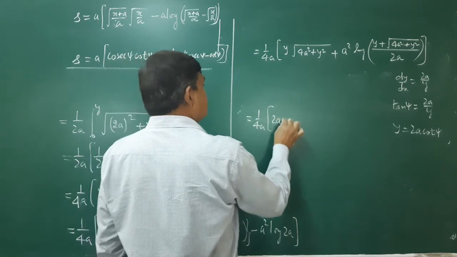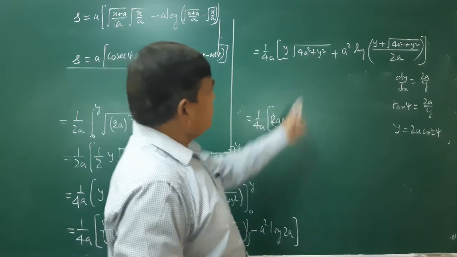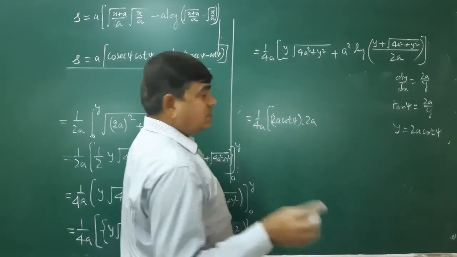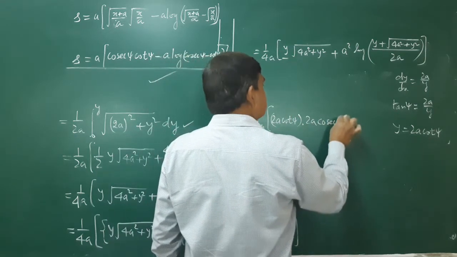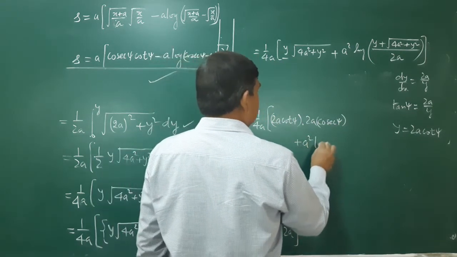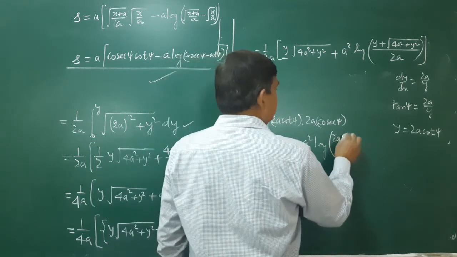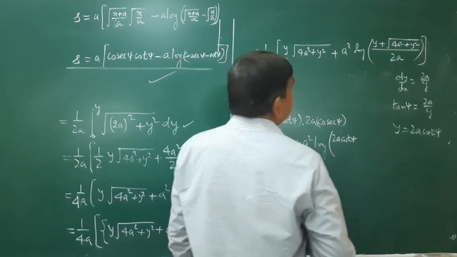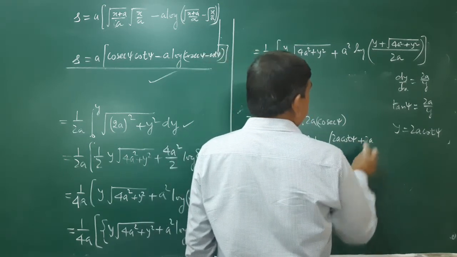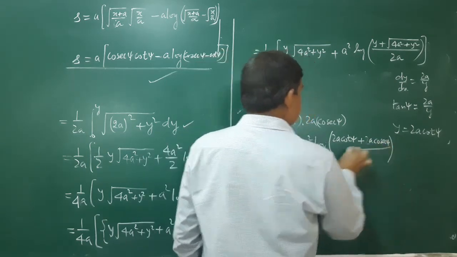Y means 2a cot psi. Now it is 4a square. Square, so it is 4a square. So it is 2a. 1 plus cot square psi is cosec square psi. So it is cosec psi plus a square log, y means 2a cot psi plus this is 2a cosec psi upon 2a.